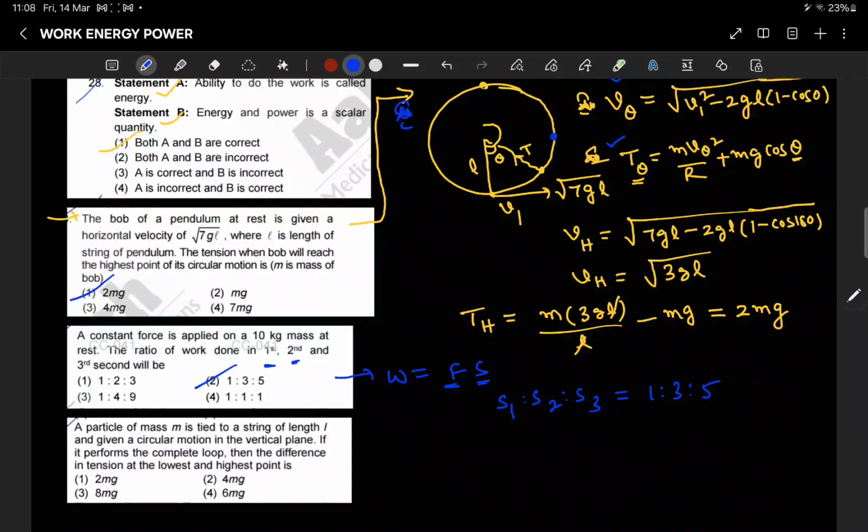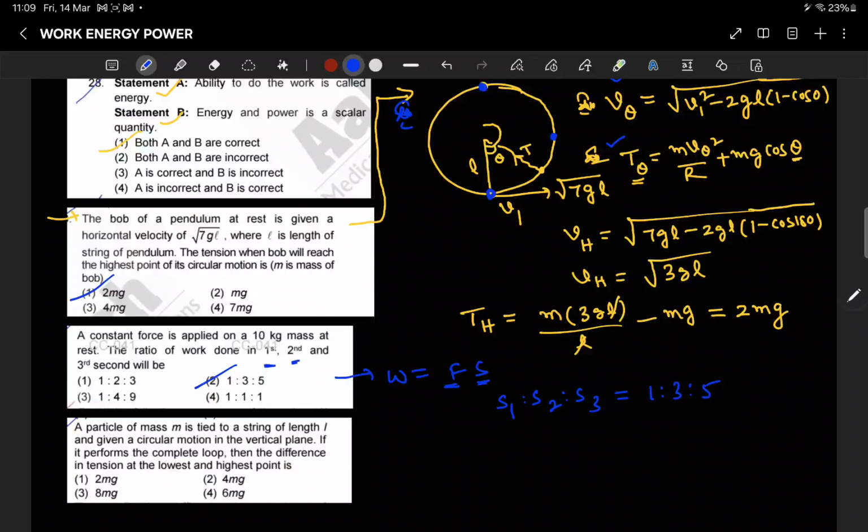Condition for completing circular motion: minimum velocity at the lowest point is root 5gr. If velocity is greater than root 5gr, it completes vertical circular motion. Now at the lowest point tension is maximum. At the highest point, tension is minimum, nothing but tensional force is 0 only, students.